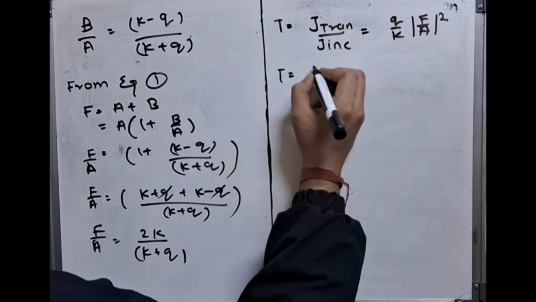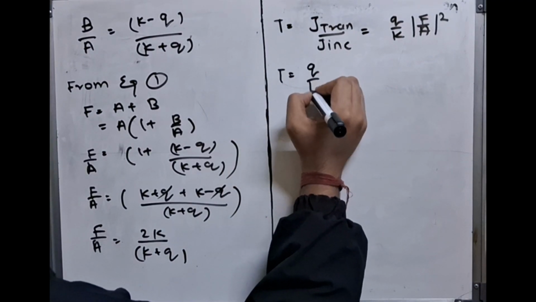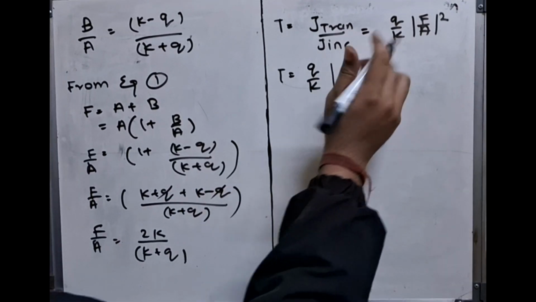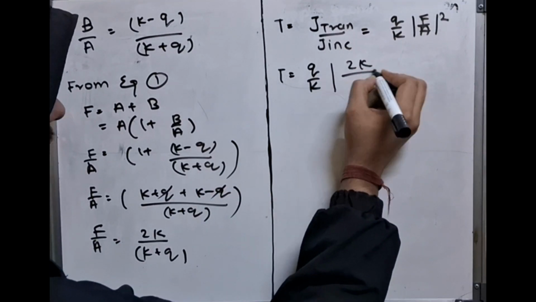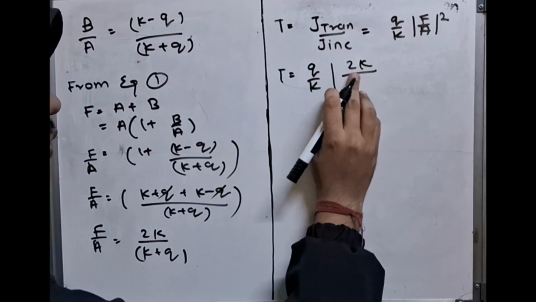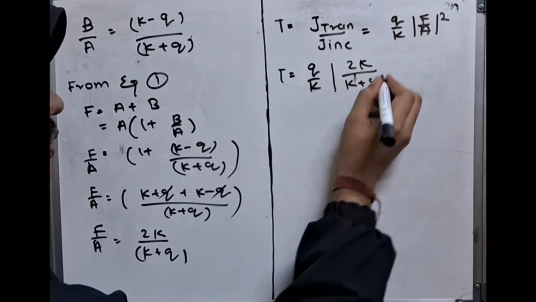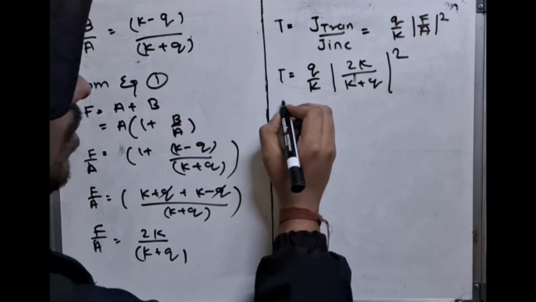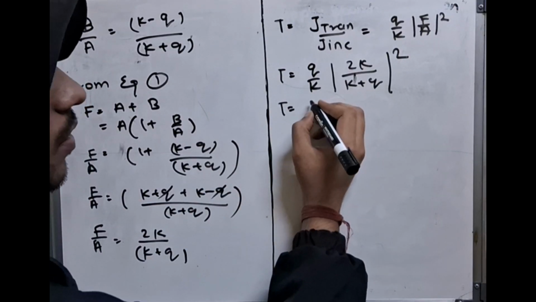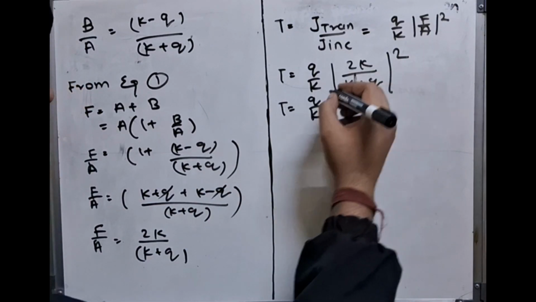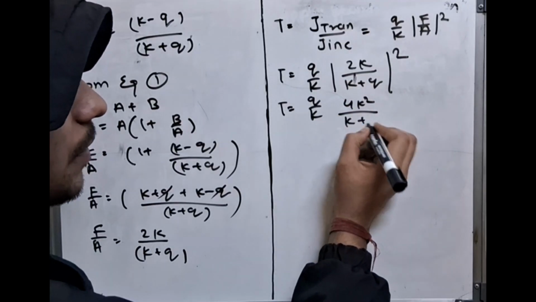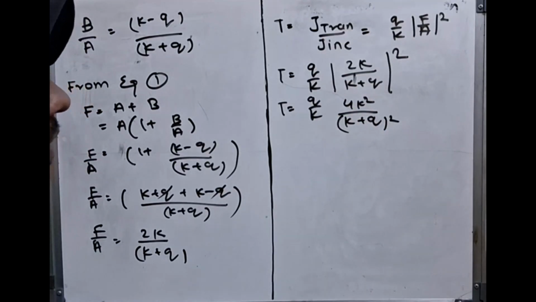So our transmission equation becomes Q upon K, and this goes here, 2K upon (K plus Q) raised to square. So T is equal to Q upon K, and you just square it, 4K square and (K plus Q) the whole square.